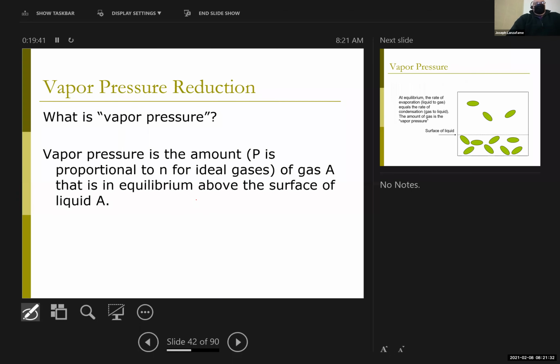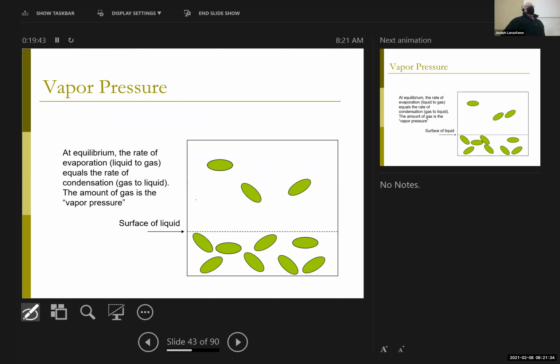Again, vapor pressure is the pressure of the vaporized solvent molecules above the surface of a liquid. And so if I happen to be a liquid molecule that has enough energy to escape, it does.